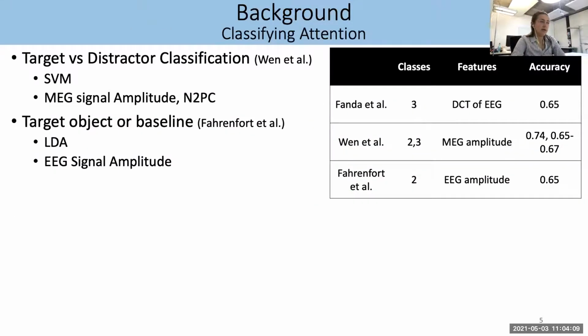Classifying attention, on the other hand, is not a very well-developed part of attention research, but a few groups have been able to classify attention, whether it's the location of attention or to compare and contrast if attention is being paid to a target object.